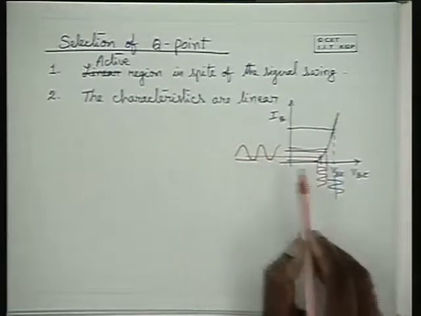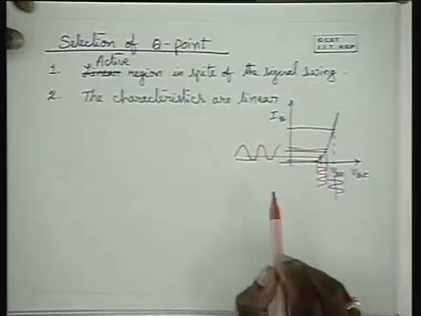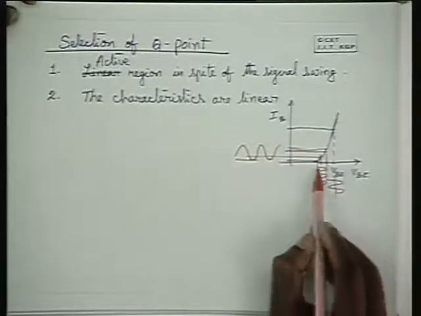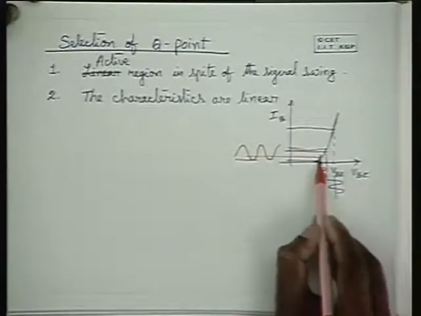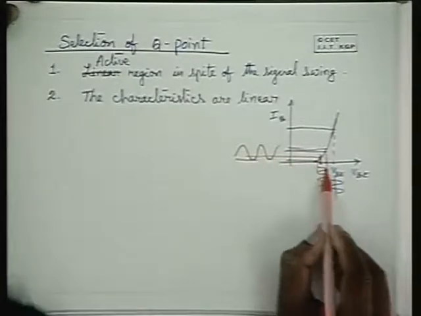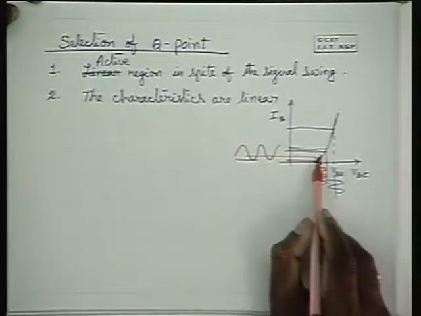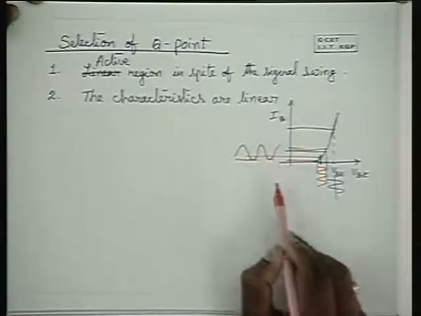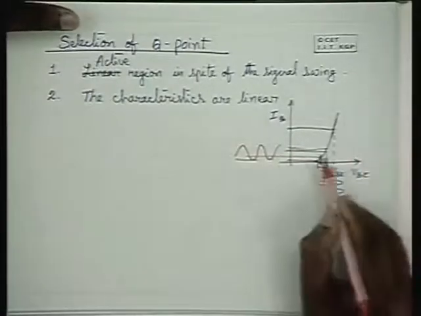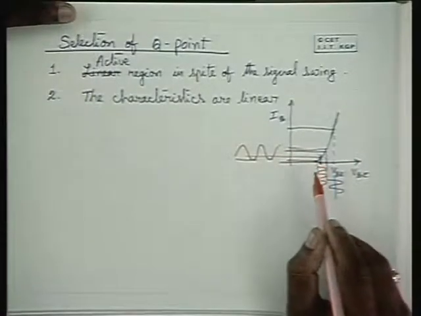Only when it is equal and sinusoidal do you say that it is distortion free. So if you operate the transistor in this region, and then you impress the alternating signal over it, you will have a distorted variation in the base current if you operate it in the nonlinear region.